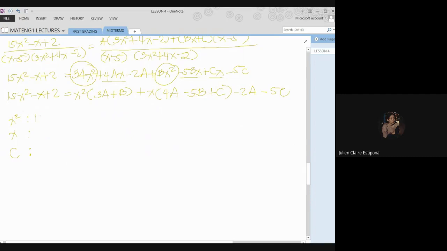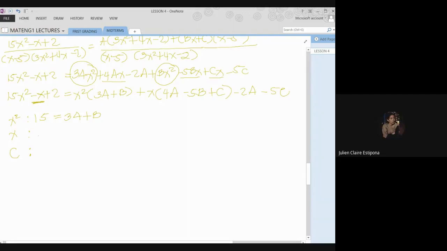Yes, that is 15. And for the right side, the coefficient of x squared is 3a plus b already. Okay, so how about x? What is the coefficient of x on the left side of your equation? What is the coefficient of x here?